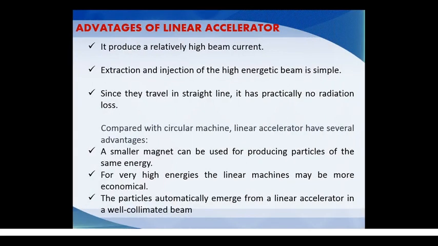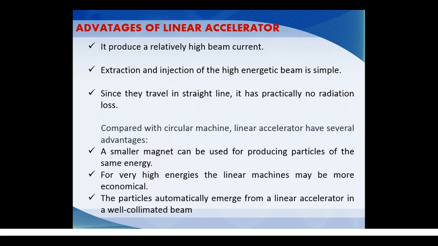Now, moving on to the advantages. LINAC produces a very high beam current. That is a main advantage. Also, after attaining high energy, the particle can be extracted very easily from the LINAC. So extraction and injection of the high energetic beam is simple in the case of LINAC.